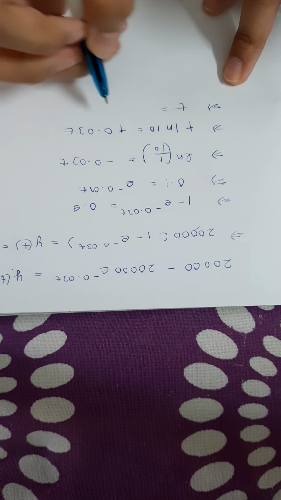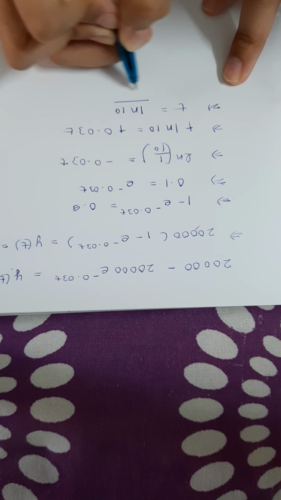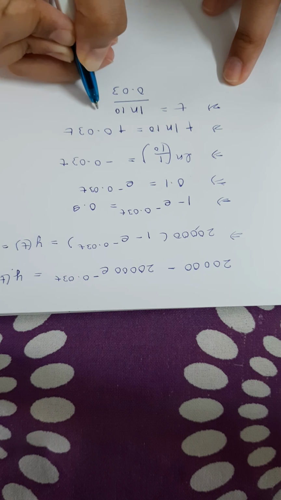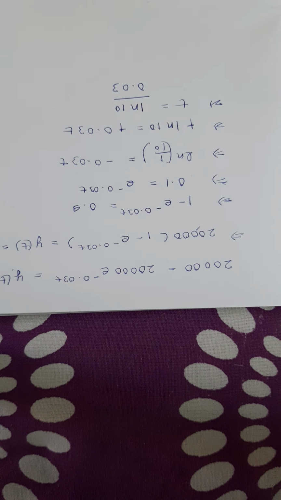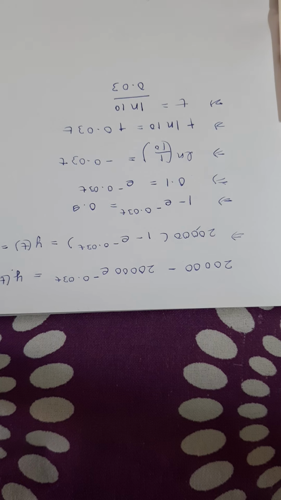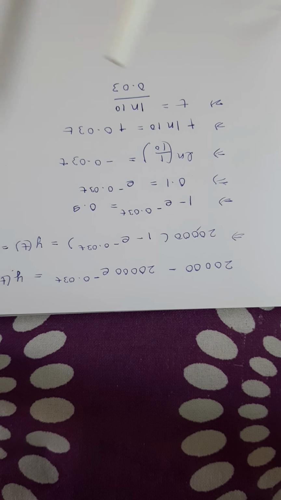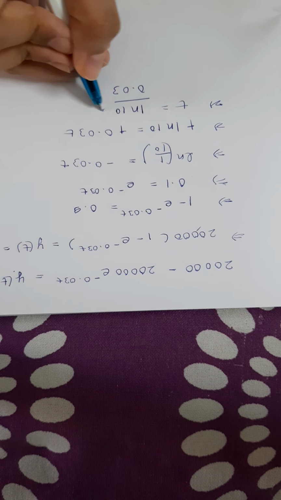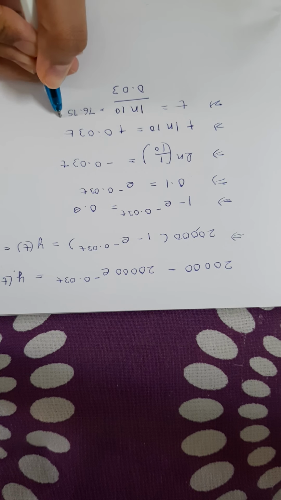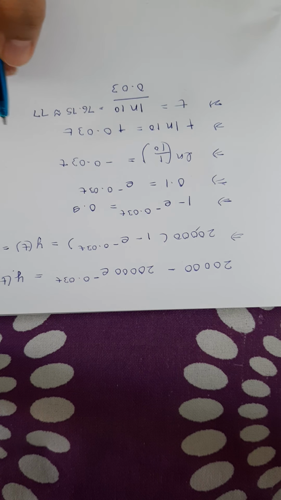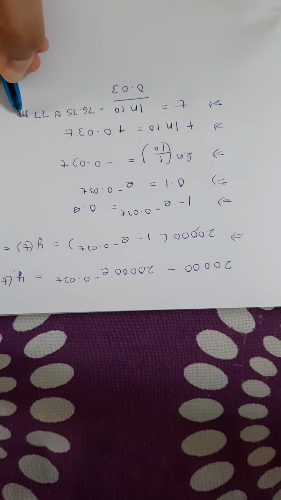Which implies t is equal to ln 10 by 0.03, and that's equal to 76.75. 76.75 is roughly equal to 77 minutes, because we were dealing with cubic feet per minute.